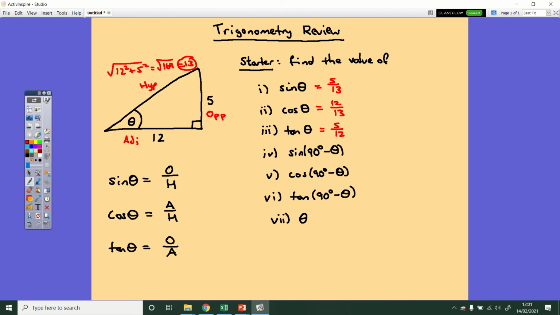Okay, great. Now if we're to do these 3, this is to do with sine of 90 minus theta. You probably recognise that 90 minus theta is the angle that goes up here. And that's because in the triangle that we've got, all 3 angles add up to 180, and you've already got 90 taken up here, so these 2 add up to 90.